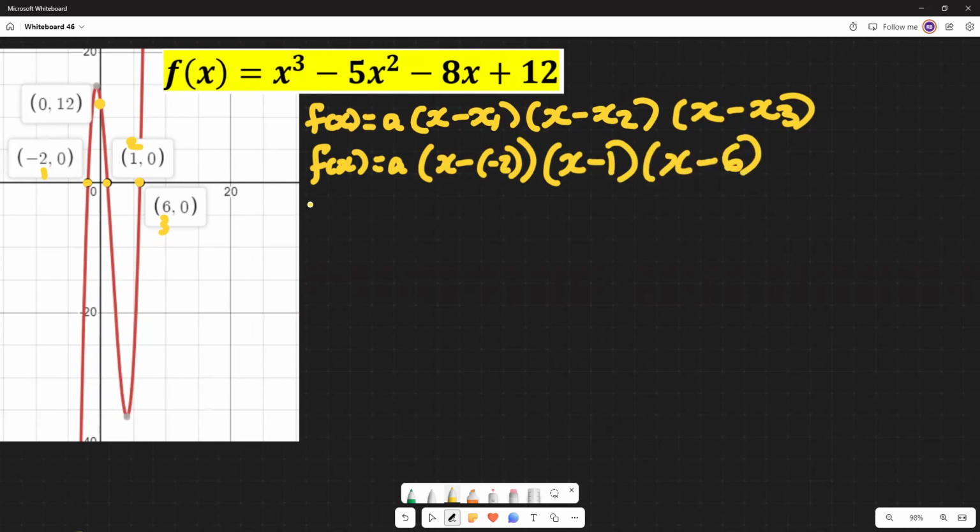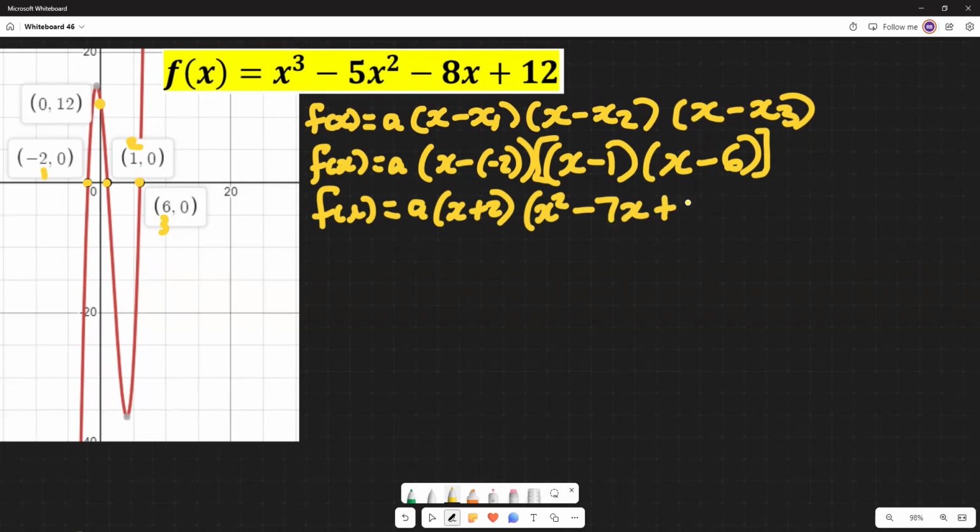So we have f of x equals a times x plus 2. We can FOIL these two brackets. It's going to be x squared minus 6x minus x, which gives us minus 7x in the middle, plus 6.